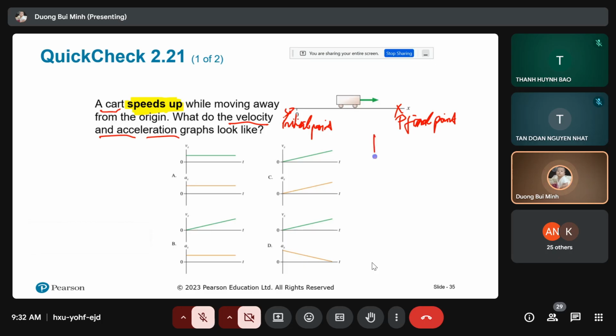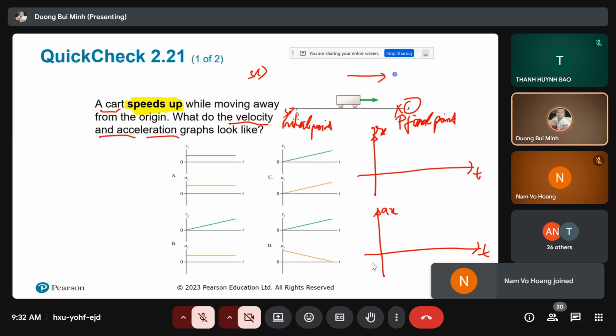They ask us to draw the curve of Vx, because we follow the straight motion, right? And what's Ax? Remember that if we apply the first step I mentioned before, the motion of the object is going to the right side.